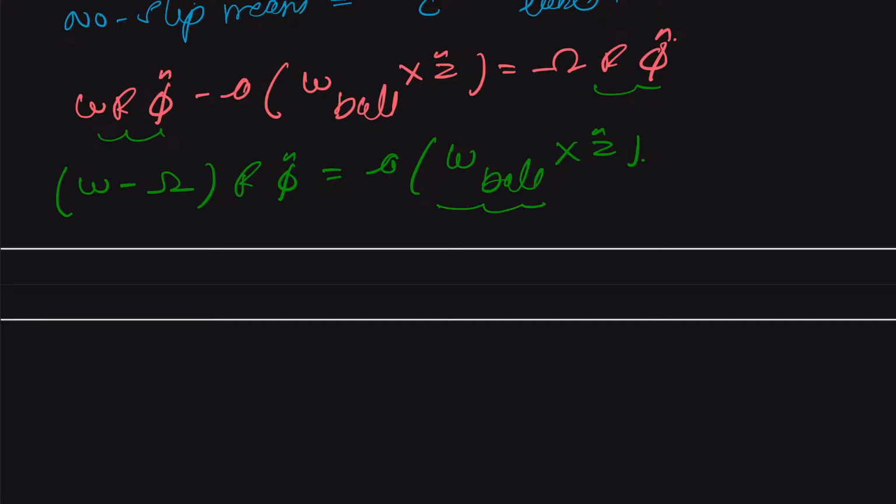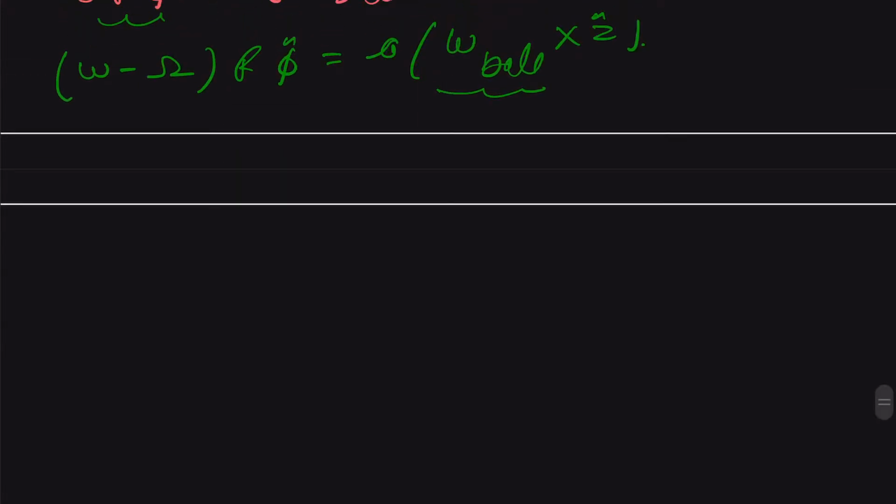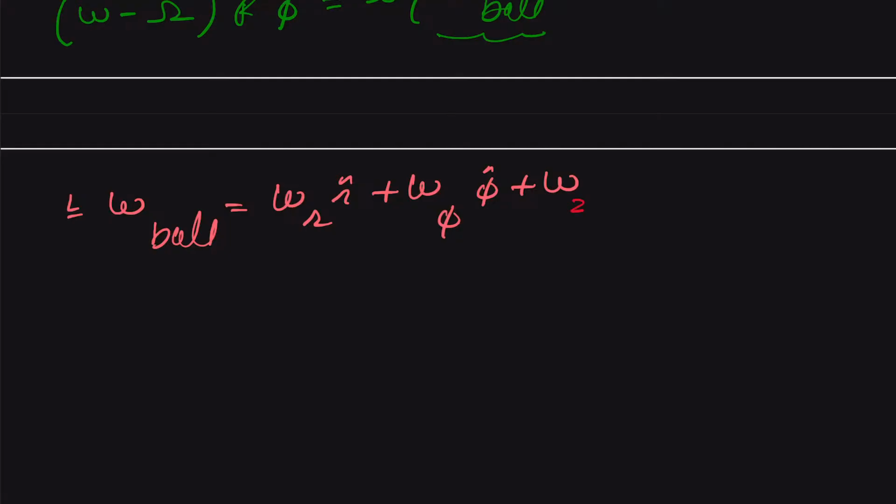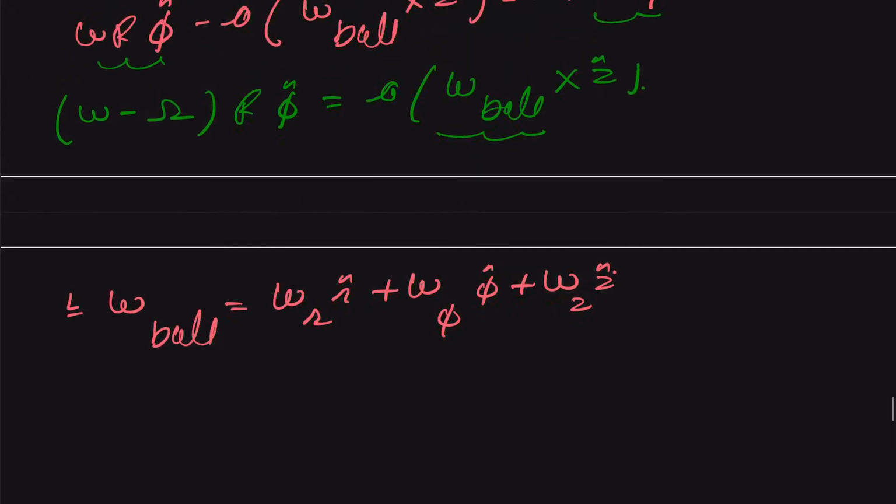And we can decompose this angular velocity of the ball into the cylindrical coordinates and see which of the coordinates are contributing to this omega ball. So you can say that our omega ball can be written as omega r unit vector plus omega phi unit vector plus omega z unit vector. And now we require the contribution because of this cross product.